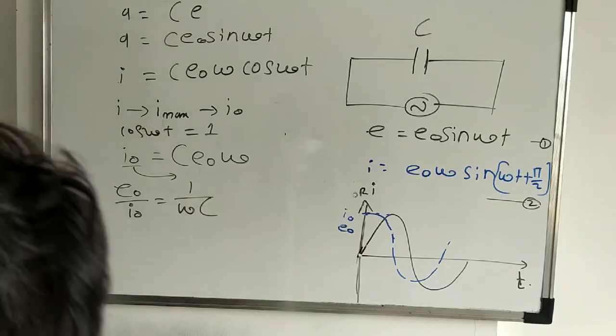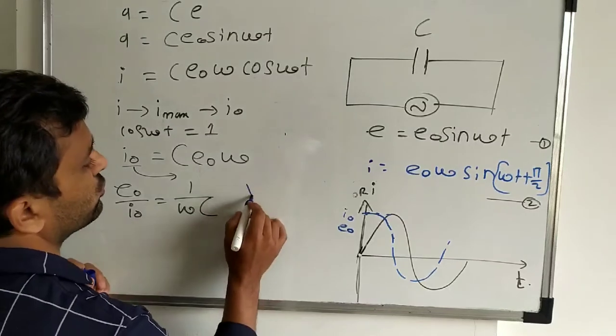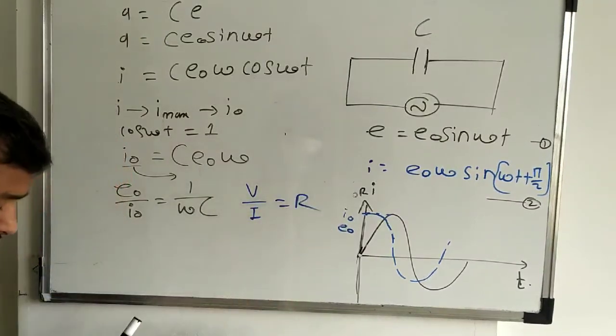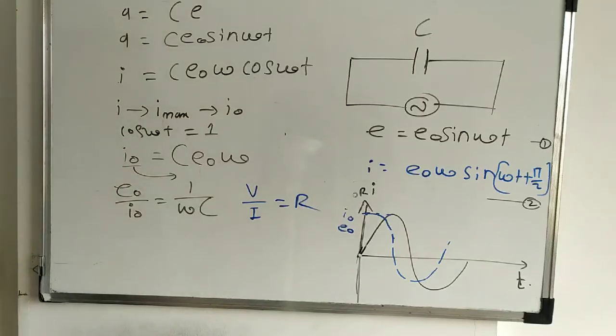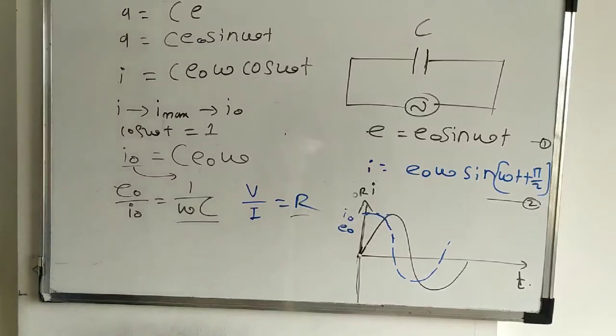If you compare this equation with Ohm's law, what is the equation of Ohm's law? V upon I equals R. So 1 by omega C plays the same role which is played by the resistance in the resistive circuit, that is, an opposition to the flow of current.